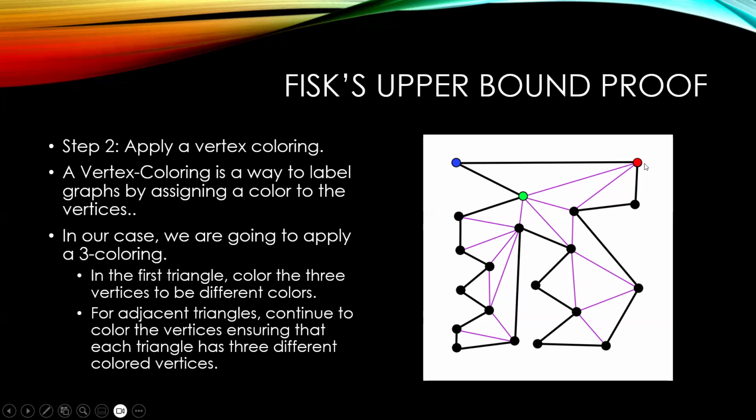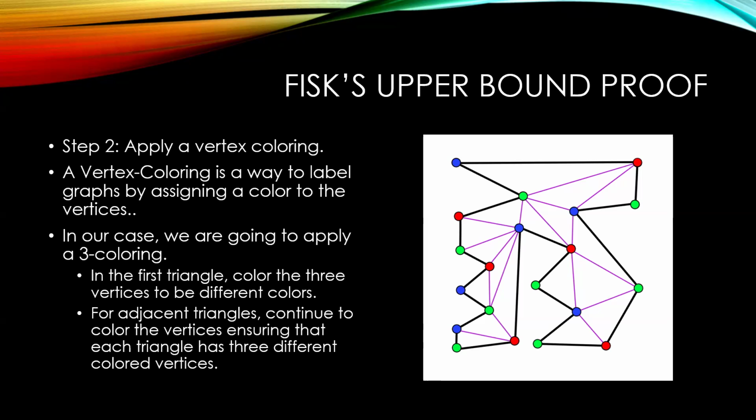And so we have green and red. So this one would have to be blue. This one then would have to be green. And we can see blue and green. And if this one's blue, then this one must be red. And if this one's green and this one's red, this one must be blue. We can go through and color every single vertex using this strategy. And so we have now colored every single vertex.